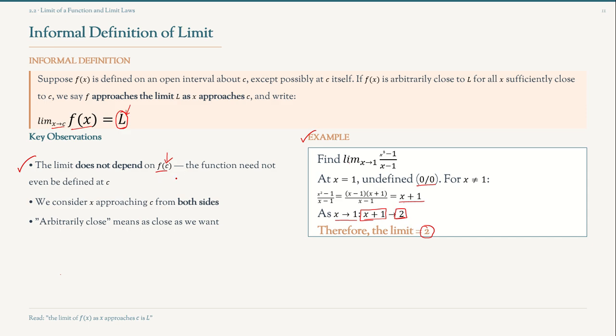The function need not be defined at c, because the limiting value will be that value of f of x. There will be no change. That means the limit doesn't depend on f of c. And we consider x approaching c from both sides, which I have already discussed.